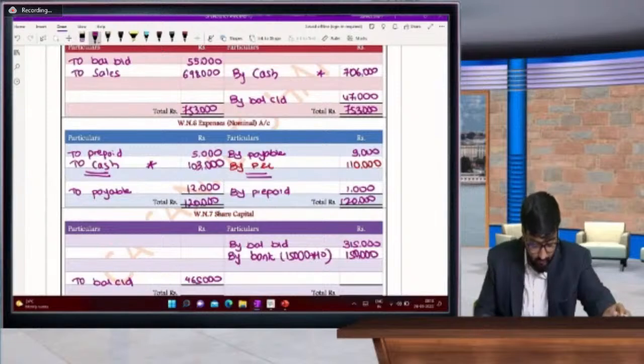Balancing figure is 1,03,000. I thought that is 8, but that was 5, two prepaid is 5. So 1,03,000 is to cash.